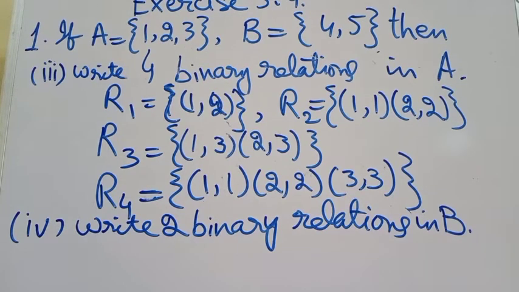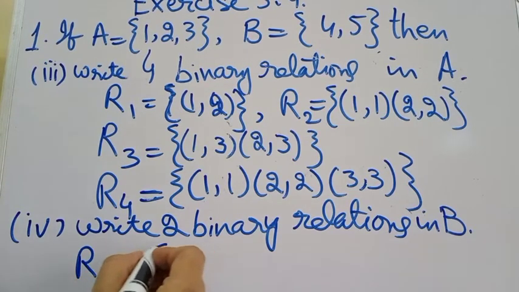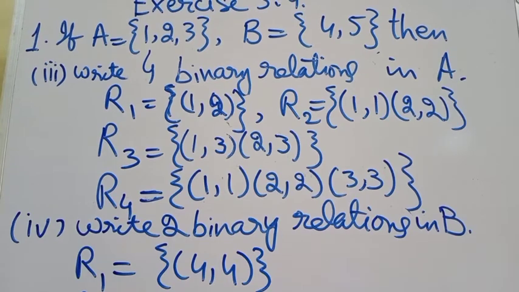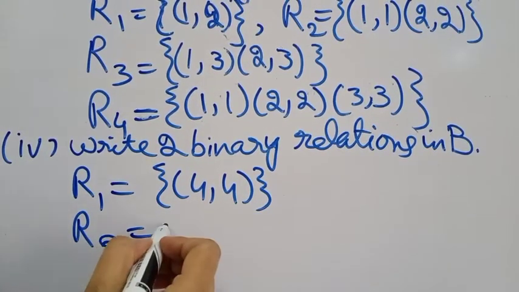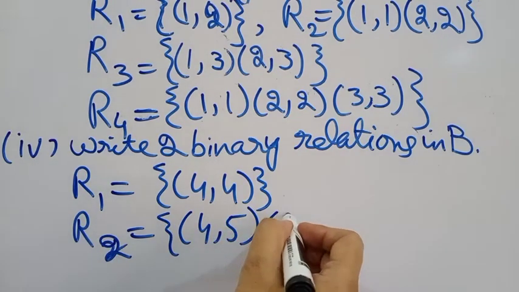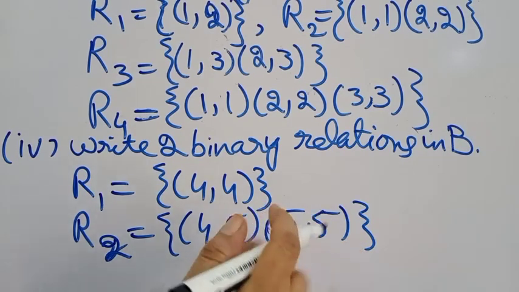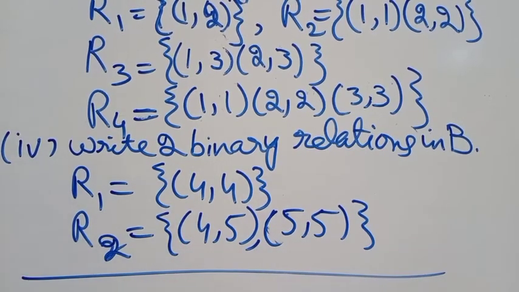In B means B cross B. So we have R1 is equal to {(4, 4)} and R2 is equal to {(4, 5), (5, 5)}. These are two binary relations and it completes our first question.